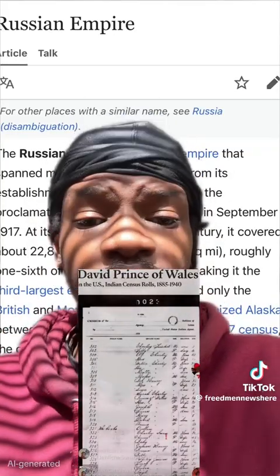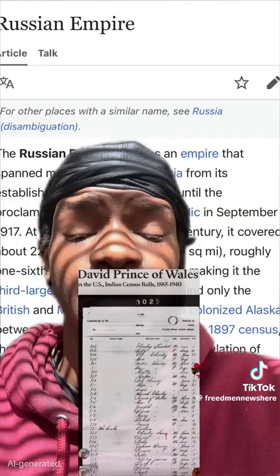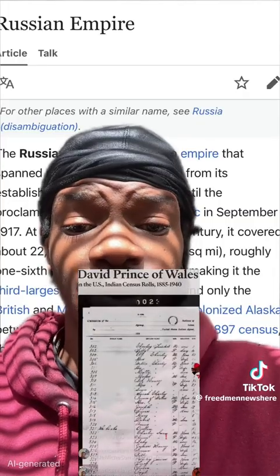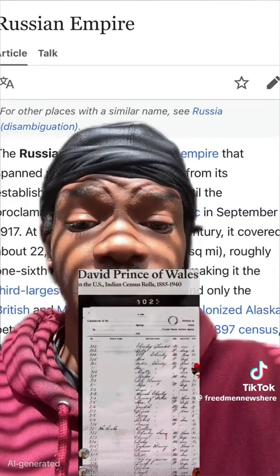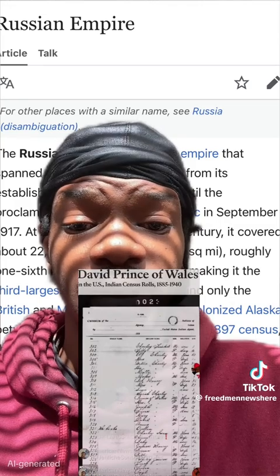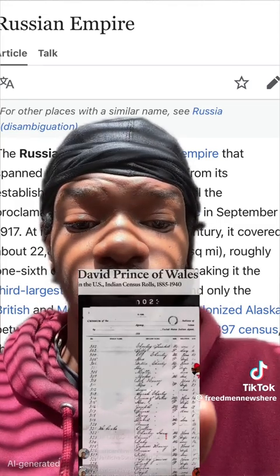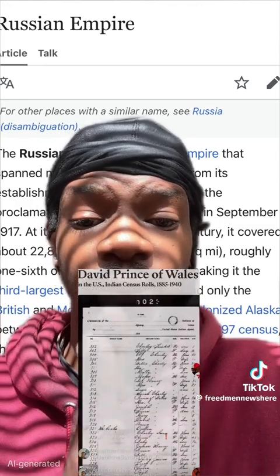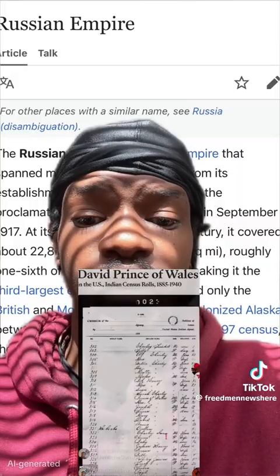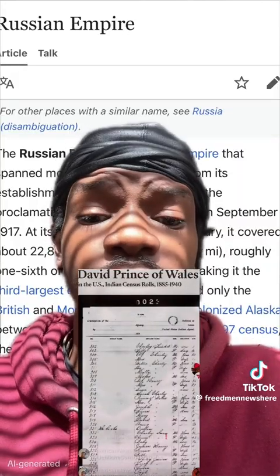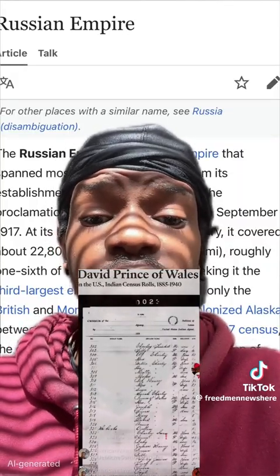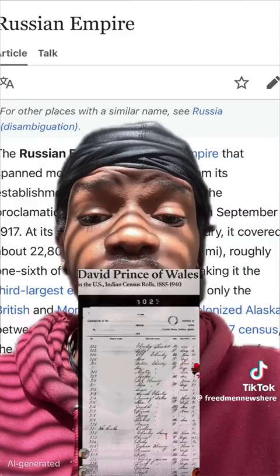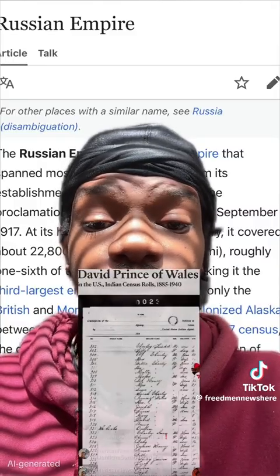And the census records from 1800 through 1940, which is WW1, showing you David the Prince of Wales in the U.S. Indian Census rolls. And the original woman, as an example, this is called a slave record under the German Empire. But they enslaved the original people that built the crown, us.